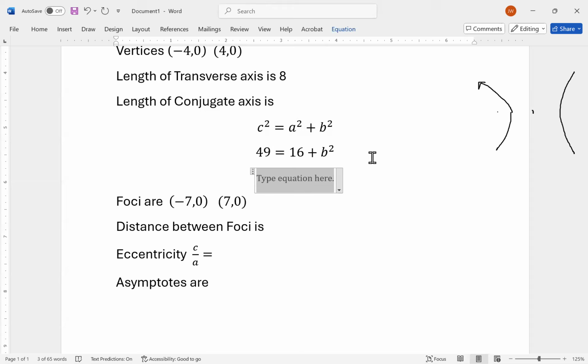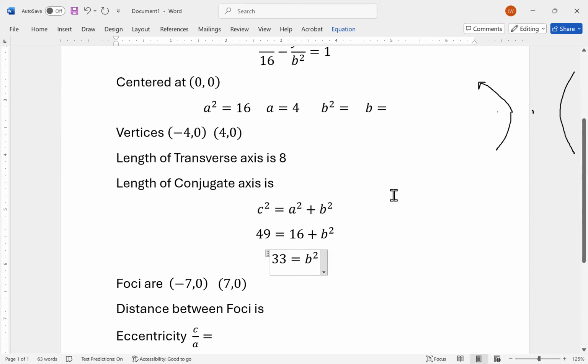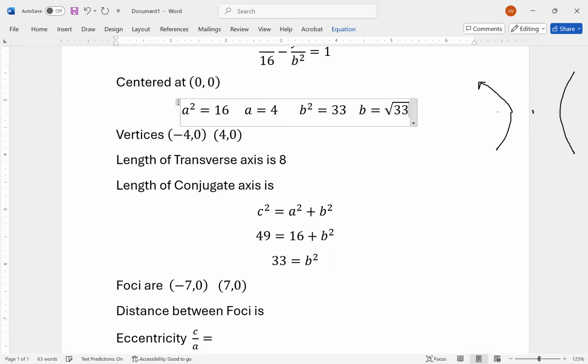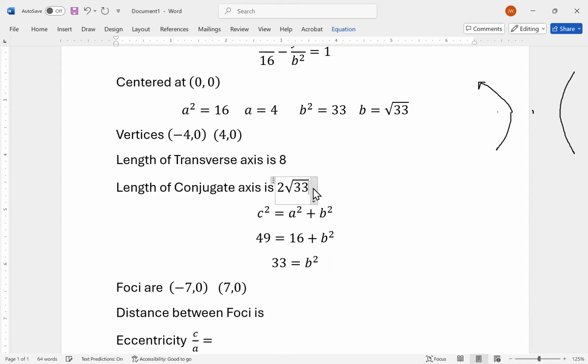So 49 minus 16 is 33. 33, therefore, is b squared. So I'll write that up here. b squared is 33. b would be the square root of 33. So the length of the conjugate axis is double the square root of 33.